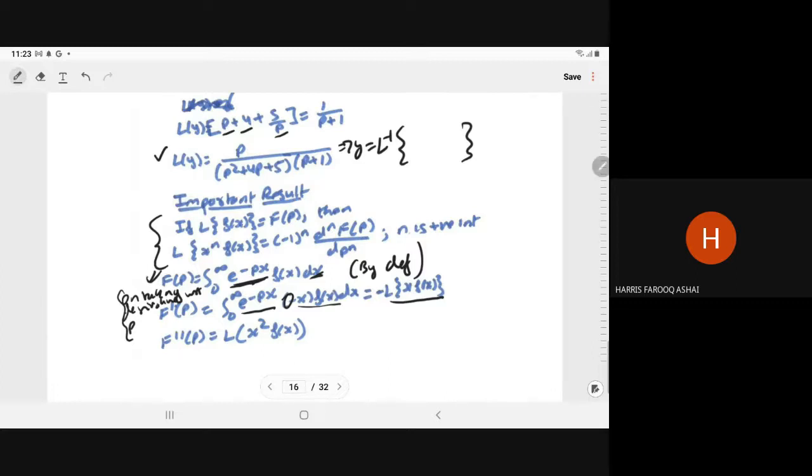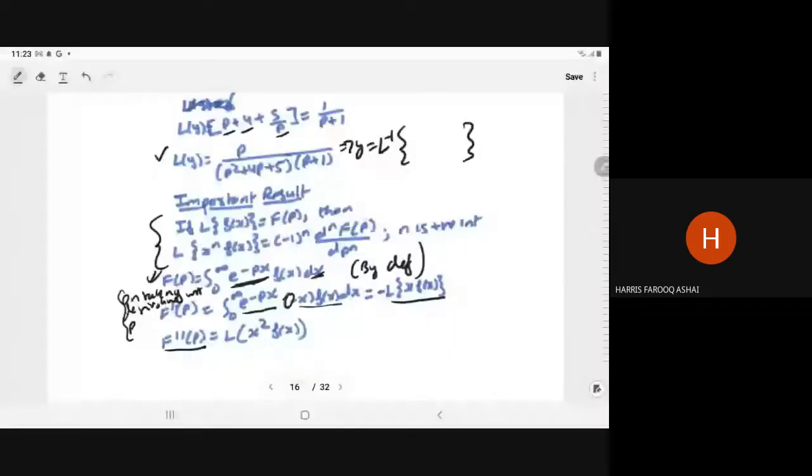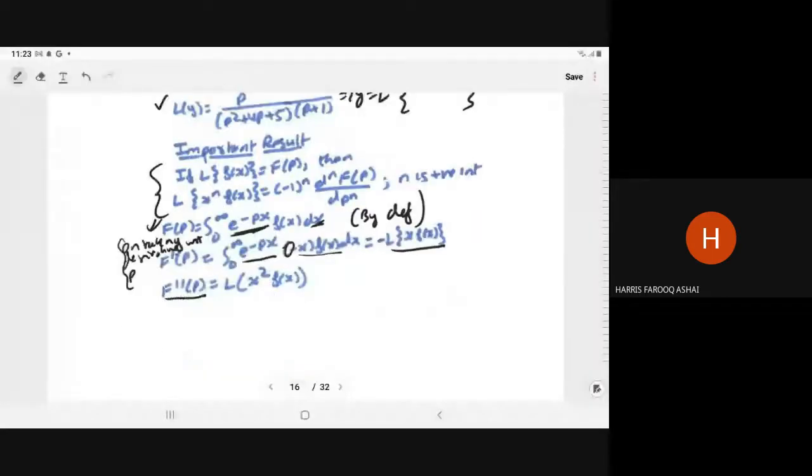In a similar fashion, if you take the second derivative, it will become L of x^2 f(x), and so on. So if you continue, you can write for the nth derivative. What is F'? What is F''? That is the second derivative of F(p) with respect to p.